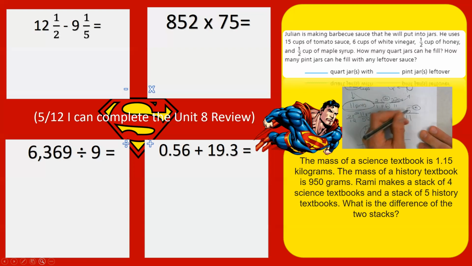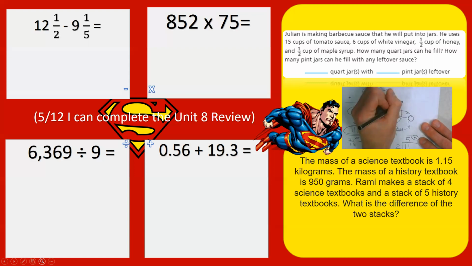That's 5 total quarts, and then what's left over? 1 pint is left over. It was a very challenging question. So 5 quarts and 1 pint. I hope that kind of made sense. If it doesn't make sense, I promise you I will not have a question like this on your actual test. But it's still nice to see what they're expecting from us.